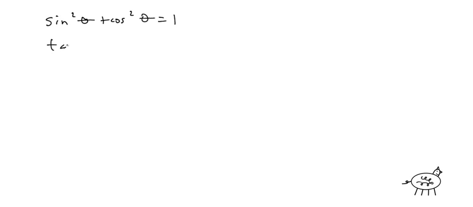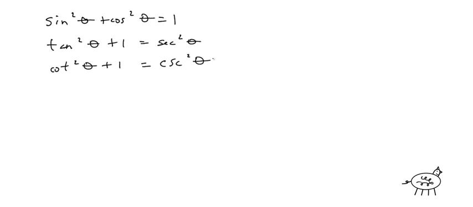Tangent squared of theta plus 1 equals secant squared of theta. And cotangent squared of theta plus 1 equals cosecant squared of theta. Those are our Pythagorean identities.